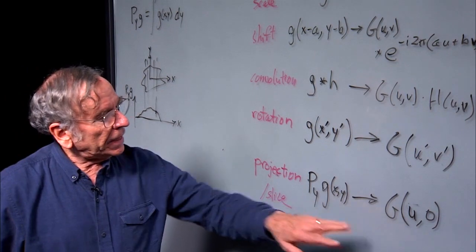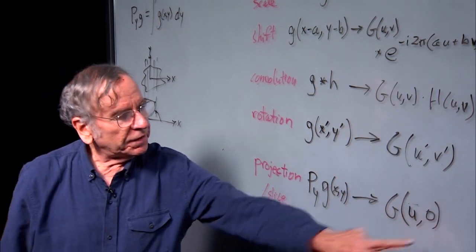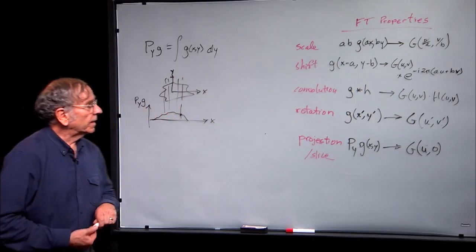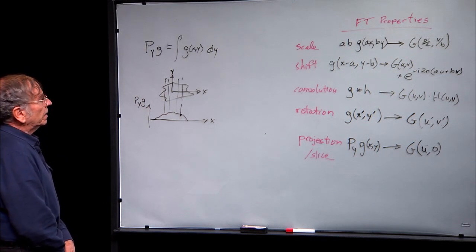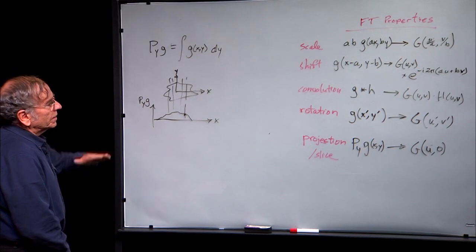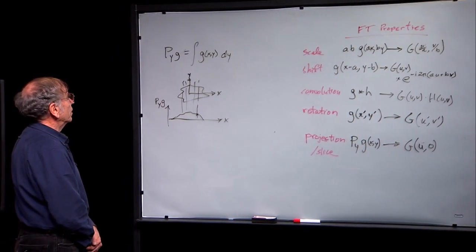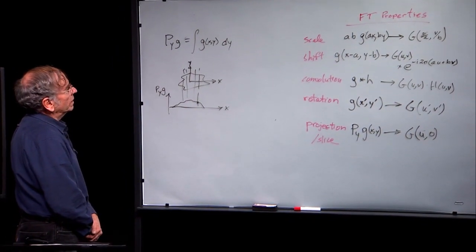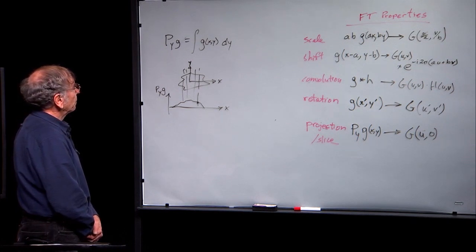That is, instead of being G of u, v, we have G of u, 0. So it's, I guess you could say, the equator of the G function if you plot it in the u-v plane.